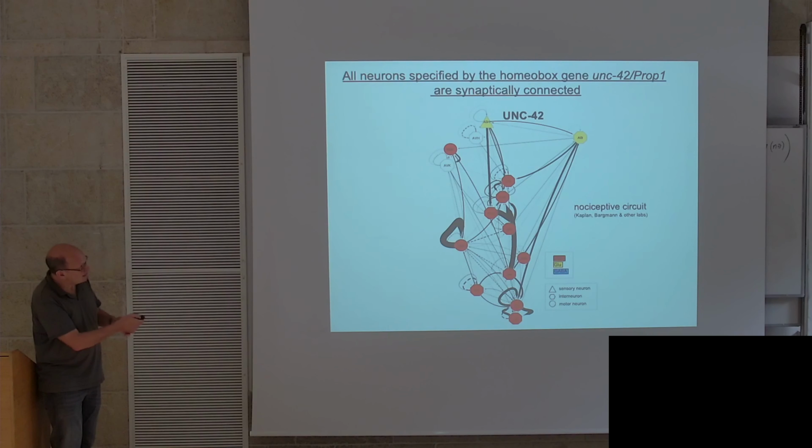UNC42 acts to specify the individual features of neurotransmitter identity, all of these molecular features that I told you about. But we also, again in this case, think that UNC42 is required to assemble those neurons into circuitry. We say that based on data that I'm too ashamed to show you, because we did something that sounds very heroic.